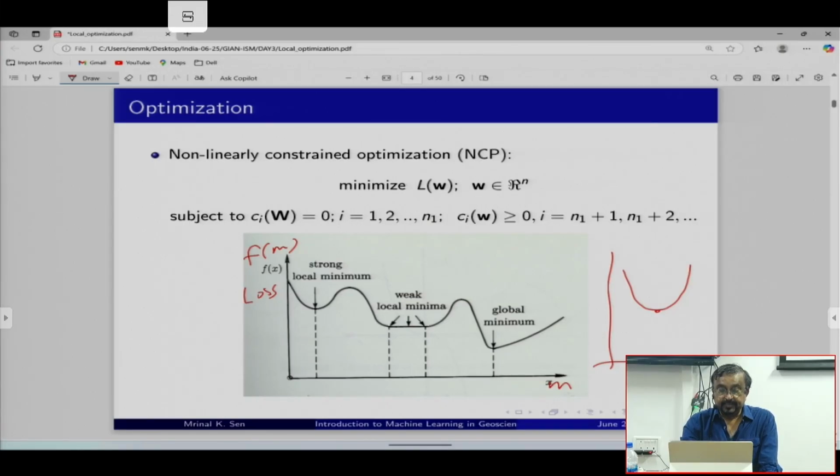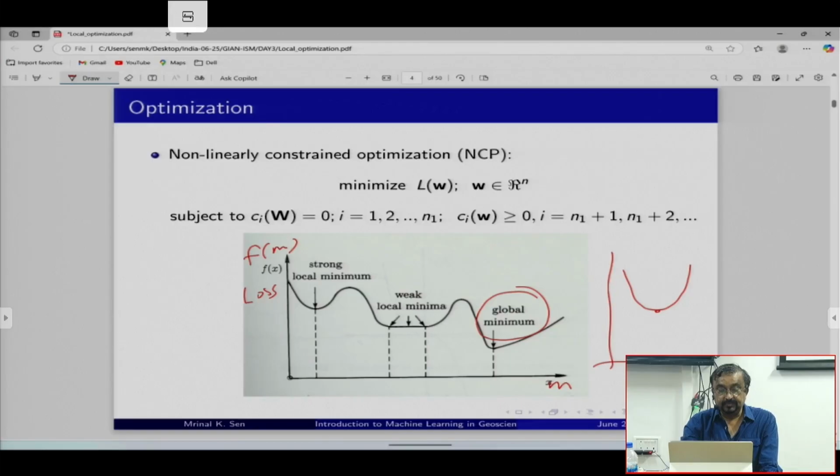So there are some names. These are all points of minimum, right? And these are called local minimum. Then there are two types of local minimum. It could be a strong local minimum or it could be a weak local minimum. And the minimum of all minima is the global minimum.